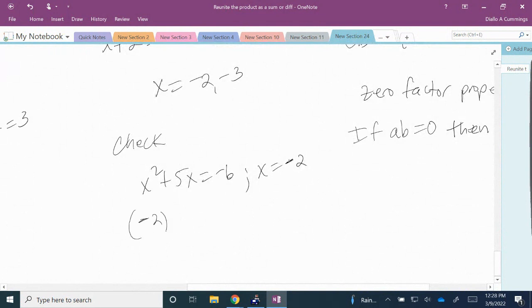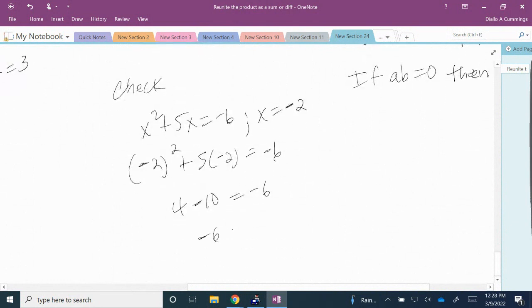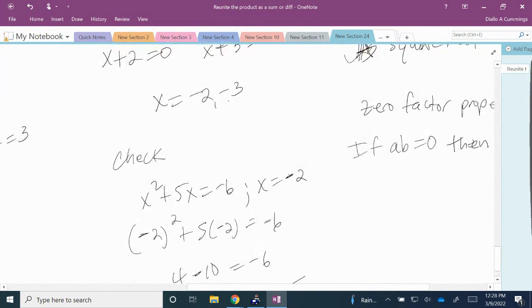So we have -2 squared plus 5 times -2. That should equal -6. So -2 squared is 4. 5 times -2 is -10. And we have both sides equal. Now I'm going to bypass -3, but -3 should also check out. Both of these things are solutions.